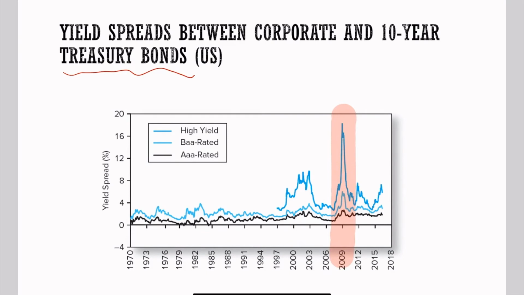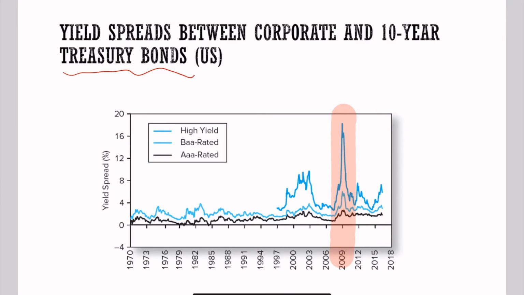In the financial crisis, people considered corporate bonds much riskier, so definitely people asked for higher yield. That's why the yield spiked during the financial crisis, and the yield spread, the default premium, was much higher during that period.